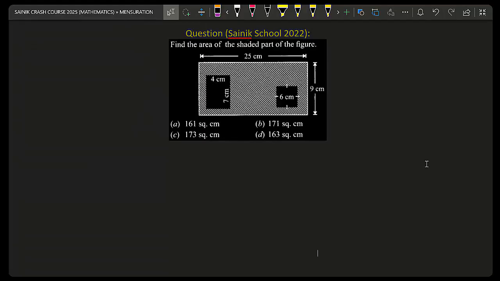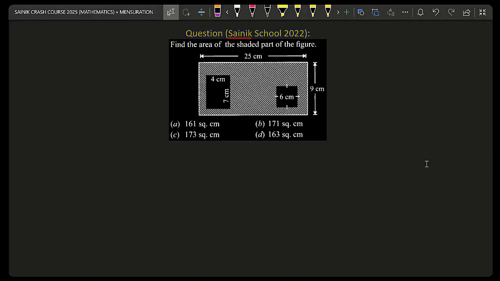How to find the area of the shaded part? Daksh, are you there? Yes, sir. You have to find the area of the shaded parts. Sir, 25 centimeters minus 4 plus 6.